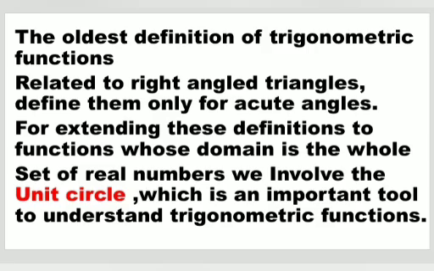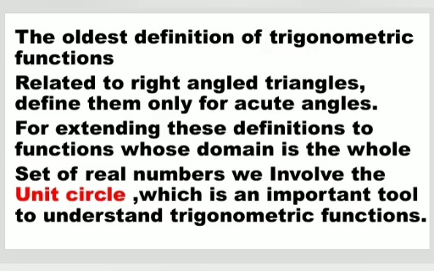Now, the oldest definition of trigonometric functions related to right angled triangles defines them only for acute angles, that is, angles between 0 and 90 degrees. For extending these definitions to functions whose domain is the whole set of real numbers, we involve the unit circle, which is an important tool to understand trigonometric functions.